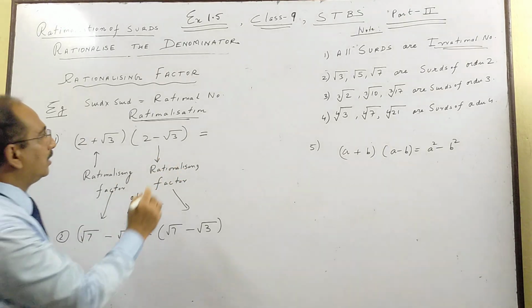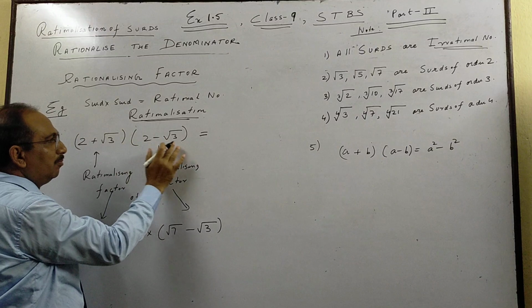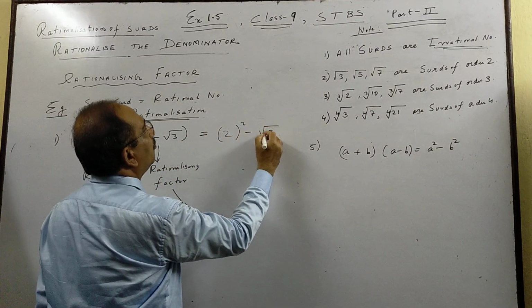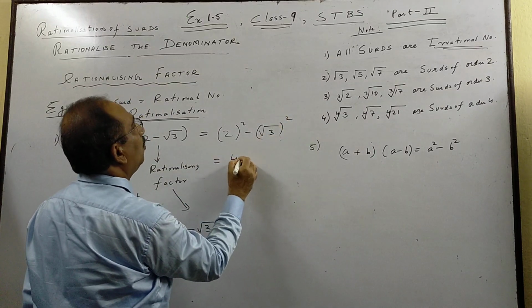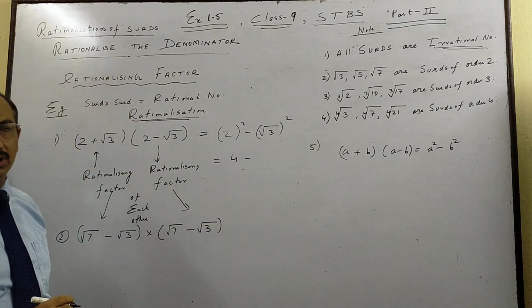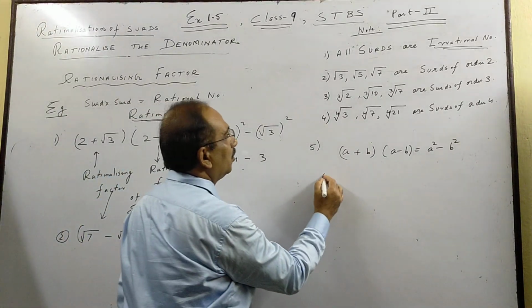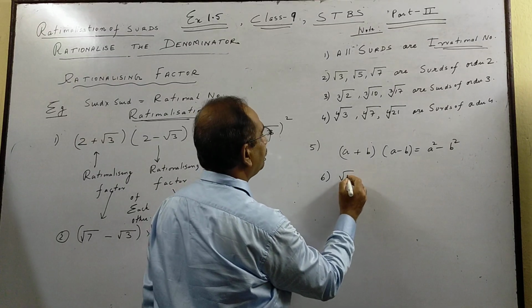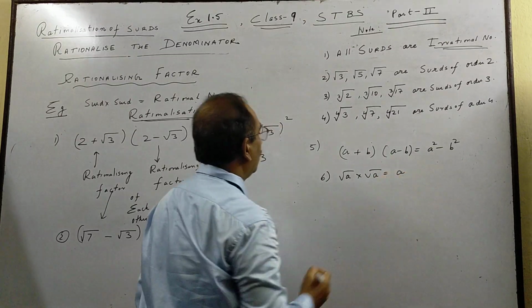Let us see how we apply the formula. (a plus b)(a minus b) is a square minus b square. So what we get is 4 minus root 3 into root 3, which is 3. Here is another thing you note down: the root of any number multiplied with itself gives you the number.